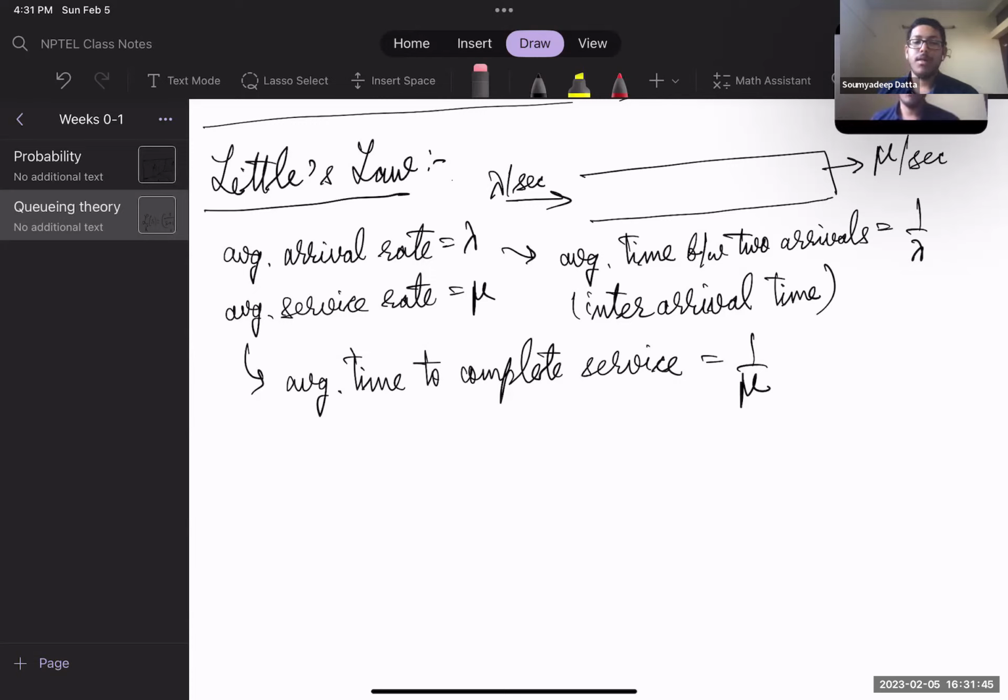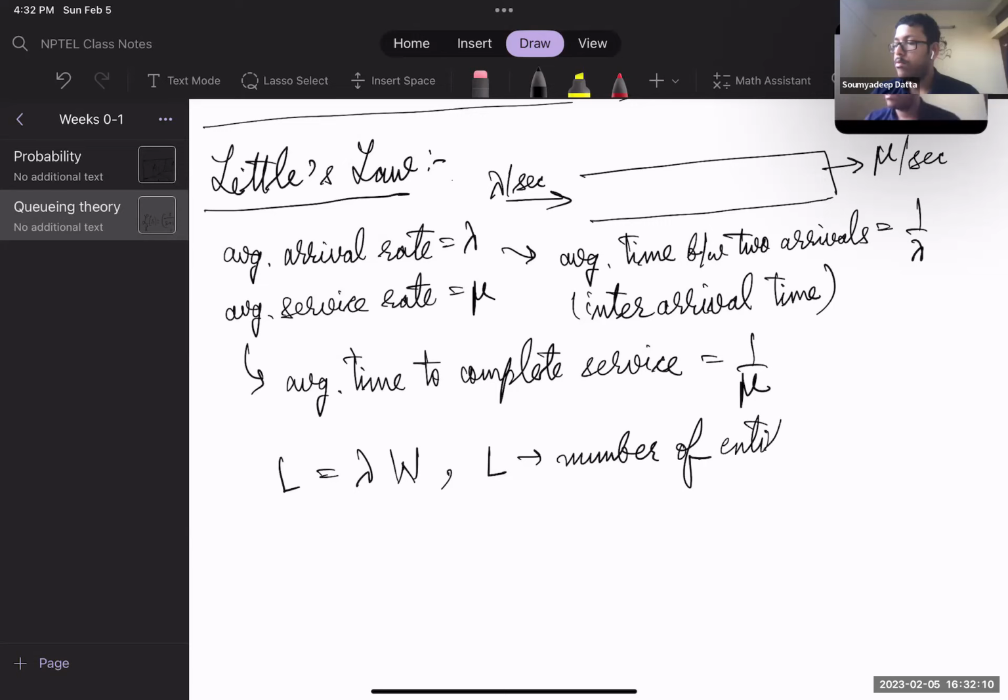That is given by something known as Little's law, which is L equal to lambda times W, where L is the number of entities in the queue, lambda, as we know, is the arrival rate, and W is the waiting time.